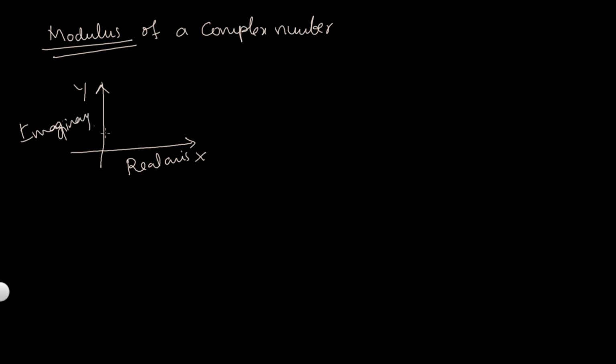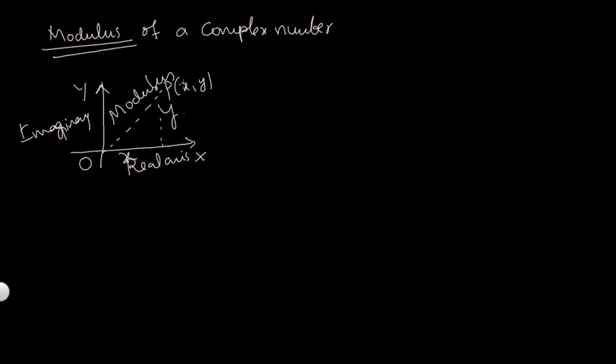The point is x comma y. This is the perpendicular, this is the origin. This length is x, this length is y. The distance from the origin to the point P is called the modulus.